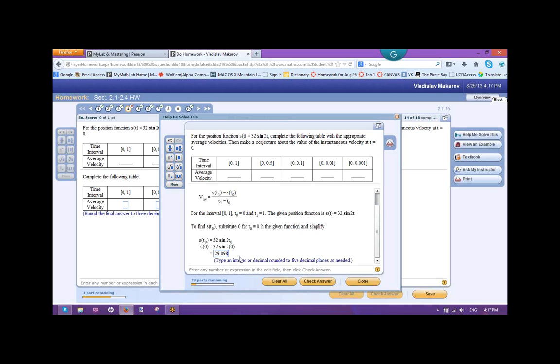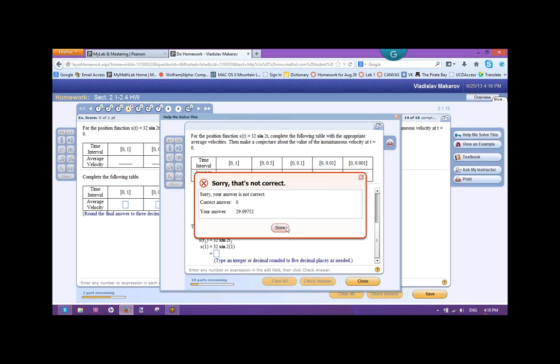Try making it 0.9752. Yeah, that's the 5 decimal. Oh, it says the correct answer is 0, it says, well, for s of 0.